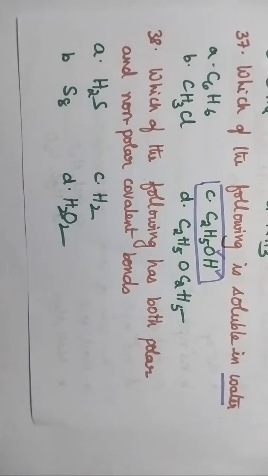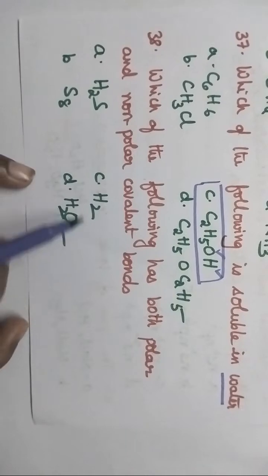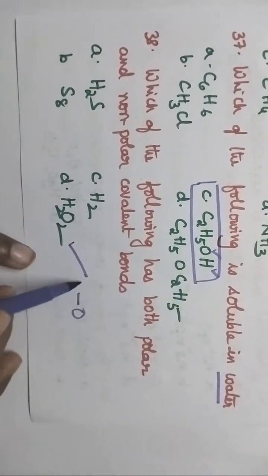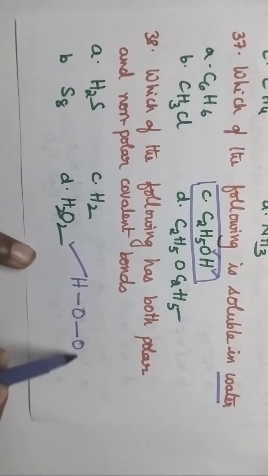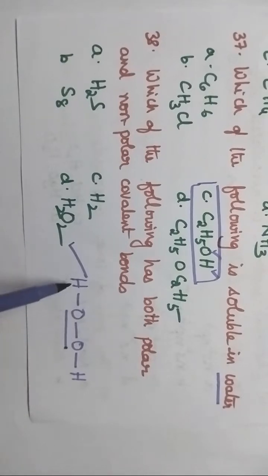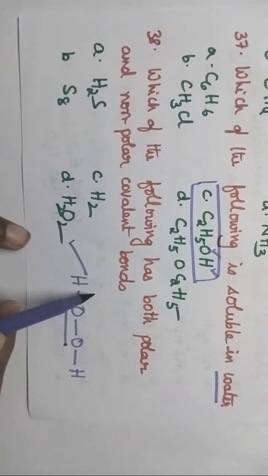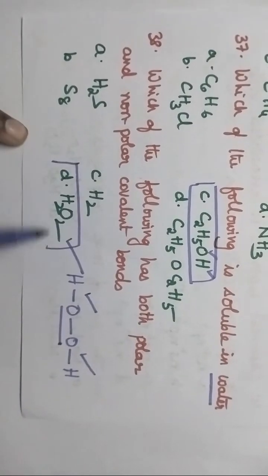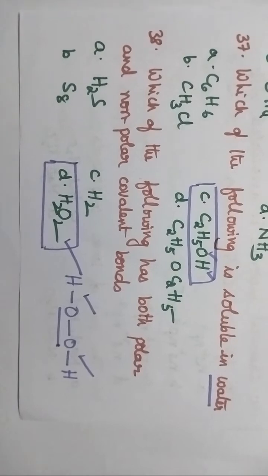No. Sulfur is less electronegative and hence in that context option D is the right answer. In between the oxygen atoms, a non-polar covalent bond is present. Between hydrogen and oxygen, a polar covalent bond is present. So option D, hydrogen peroxide is the right answer. Clear? Sai channel, very good.